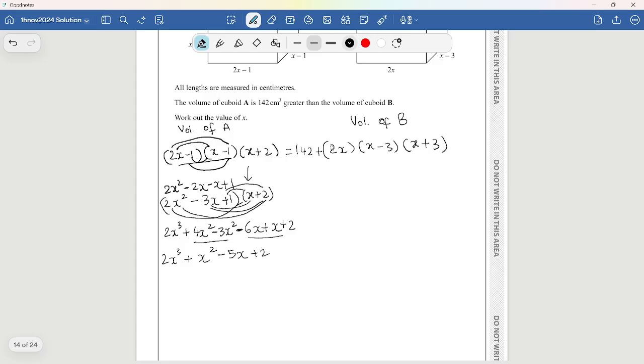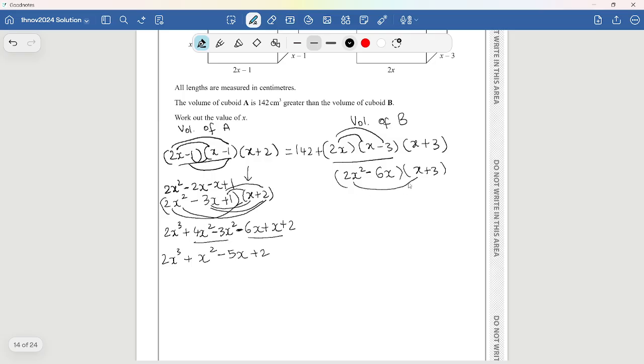Now this is equal to, now I will do the same thing with this part of the expression here. So ignoring 142 for a while, I'm just focused on these three parentheses. Starting from these two, 2x and this, I will have 2x squared, 2x times 3, that is negative 6x, right? And then there are no like terms here, so I can go ahead and multiply to the third parenthesis here.